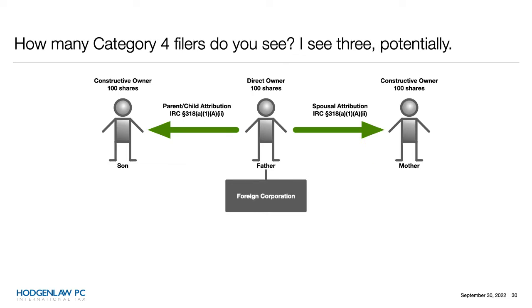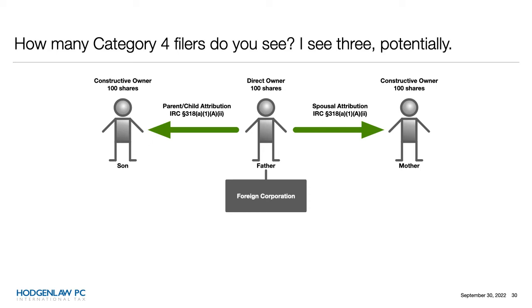There's an interesting problem that you need to solve for Category 4 filers. So let's just walk through a little example of how this works and how you think about it and how you solve it. You have Dad, who owns 100 shares of foreign corporation stock, and that's all the stock that's issued and outstanding. Mom is treated as the constructive owner of those 100 shares because of spousal attribution.